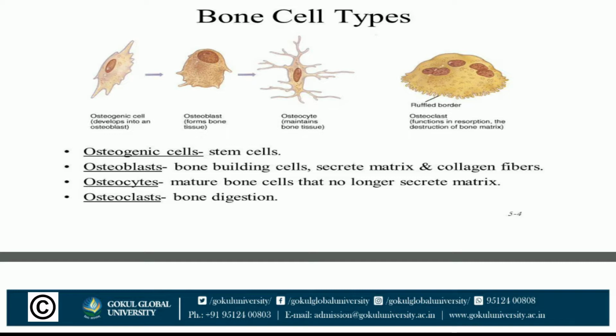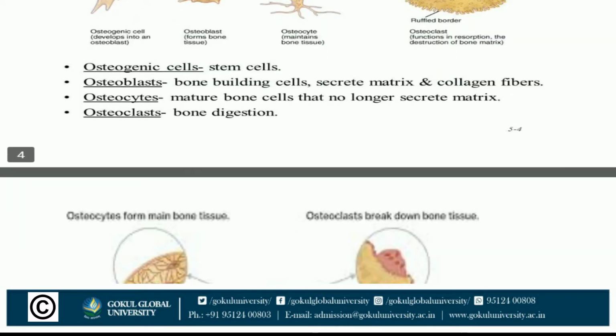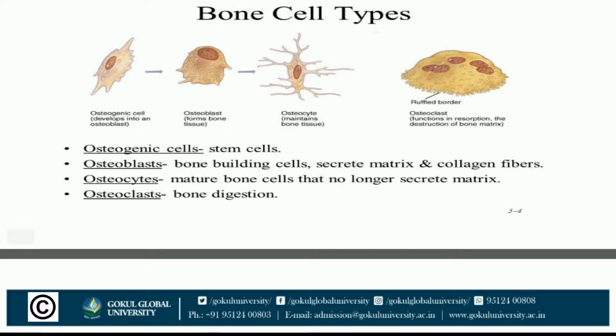Osteogenic cells, these are stem cells. Osteoblasts, bone building cells, secrete matrix and collagen fibers. Osteocytes, mature bone cells that no longer secrete matrix. Osteoclasts, bone digestion. These are the very short keynotes of the bone cell types.